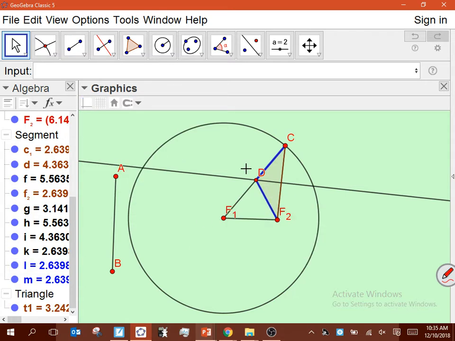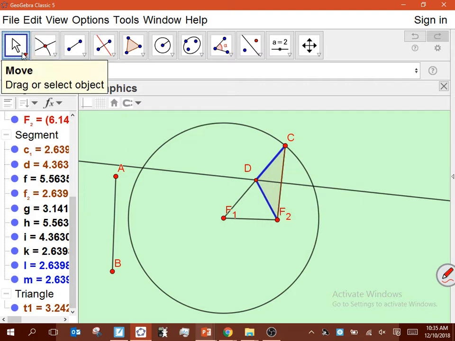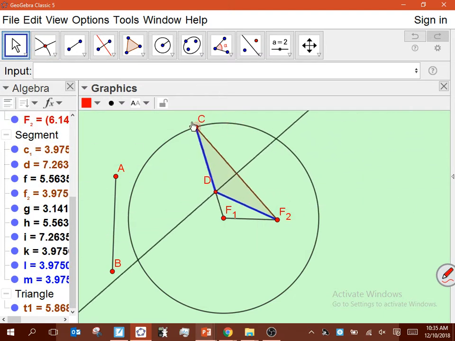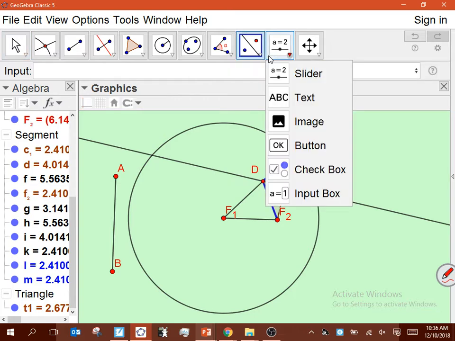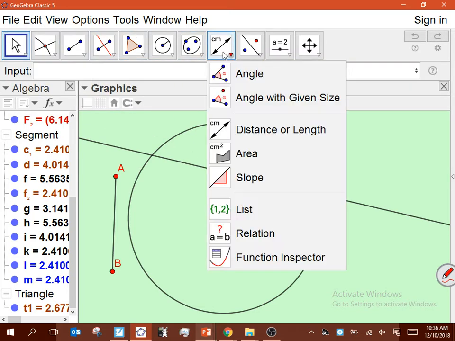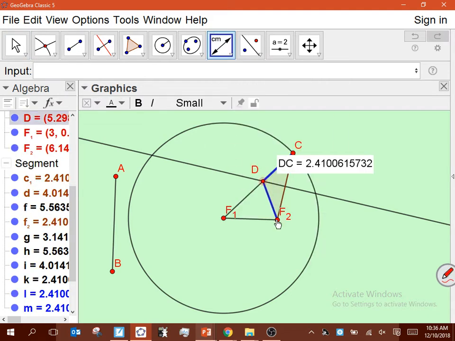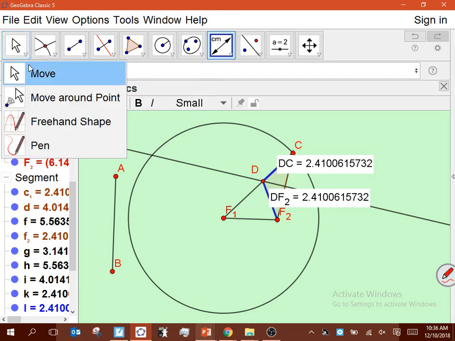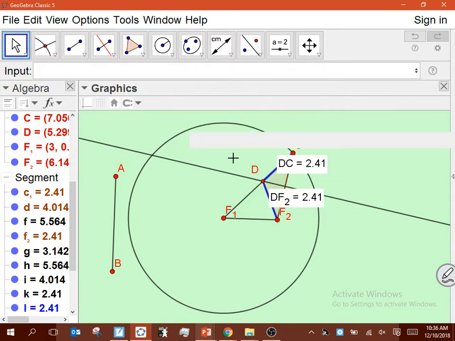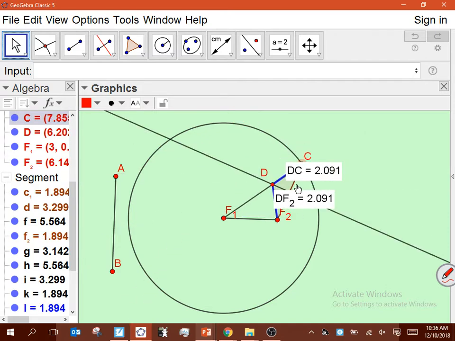Those are the legs of an isosceles triangle, and as I move C they're always going to be the legs, so I have to find the distance of them. Distance from D to C and distance from D to F2. As you see, they're the same, and they're always going to be the same. So that's always an isosceles triangle there.